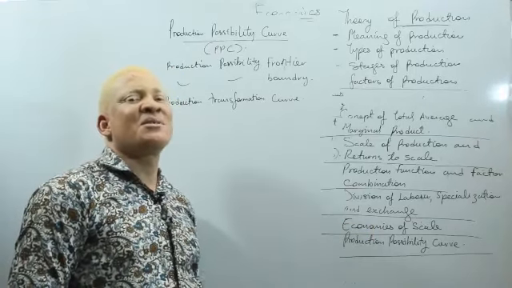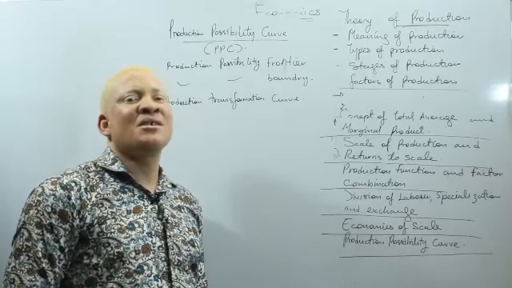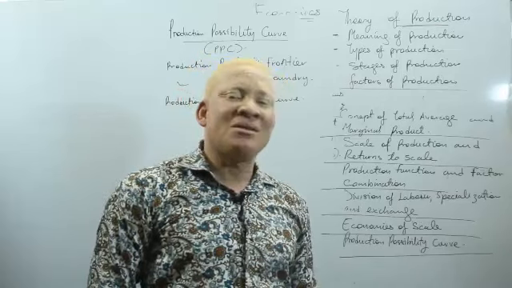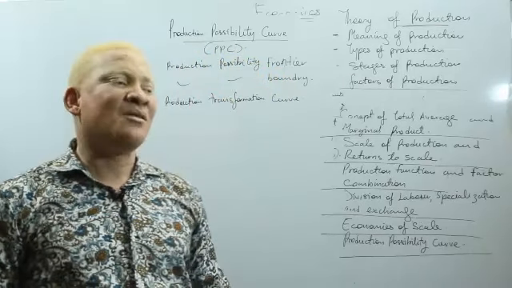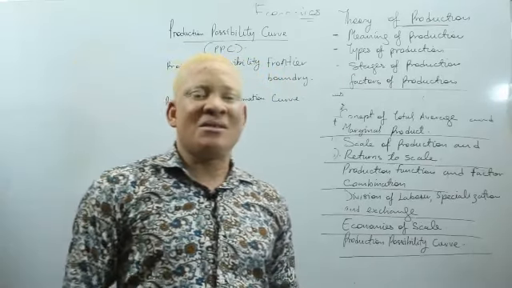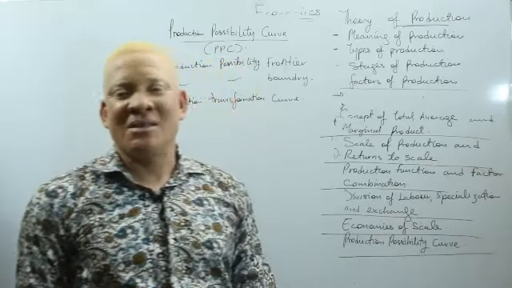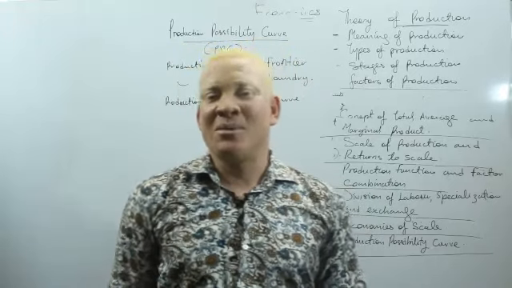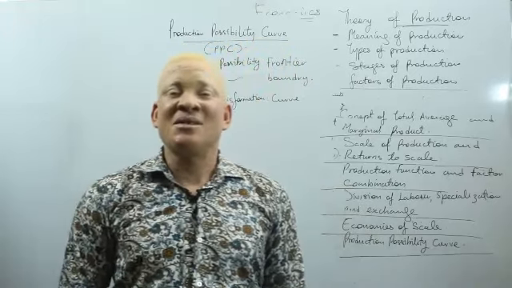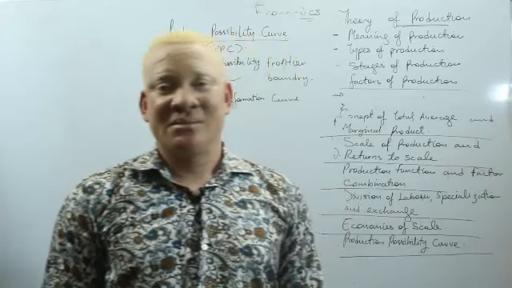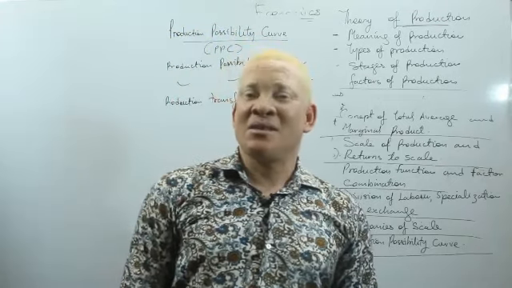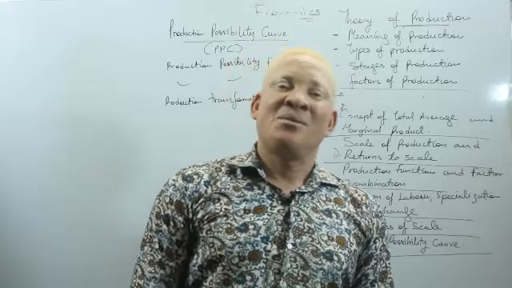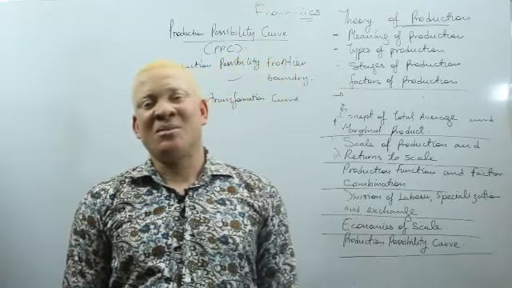The production possibility curve is a curve showing the what? Showing the maximum quantity, or the combination of commodities or goods and services which a firm or an economy can actually come up with when the resources are fully employed and at the prevailing level of technology, which means that every other thing is considered when we are talking about a production possibility curve.